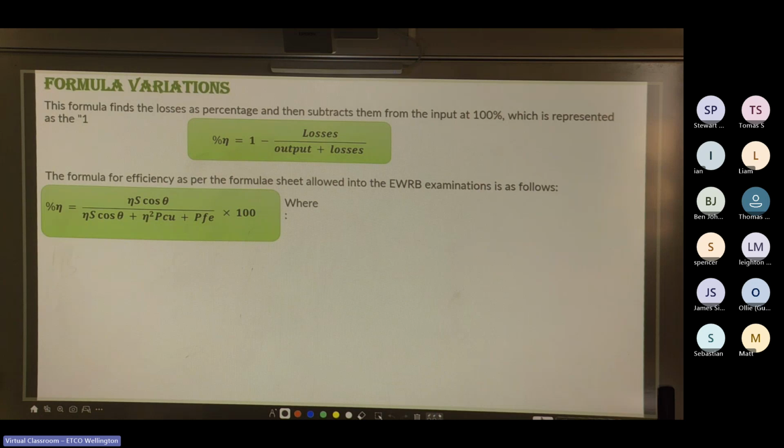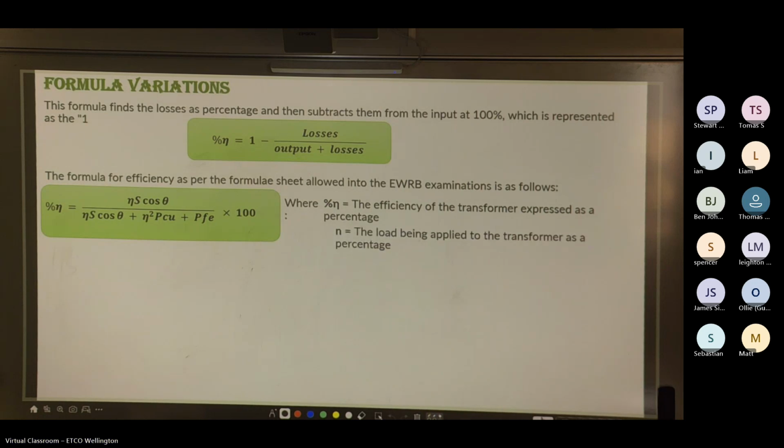Cool. So that big formula there, it's a lot to take in, so we'll break it down. Your percentage N is the efficiency of the transformer expressed as a percentage, so usually probably more like 85%, 90%. N is the load being applied to the transformer as a percentage. So say we're only applying 80% load, N would equal 0.8. S is the output power the transformer is supplying in VA, the apparent power.